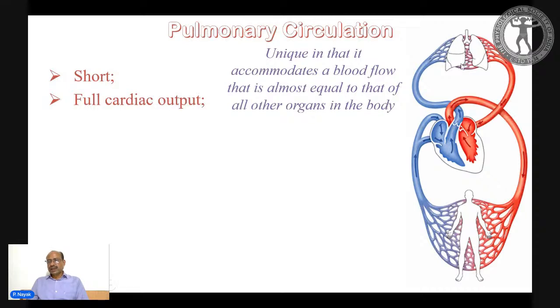They appear to run parallel to each other, but in fact, if you notice carefully, both of these circulations are in series connection. So whatever is coming out of the systemic circulation has to be taken by the pulmonary circulation.